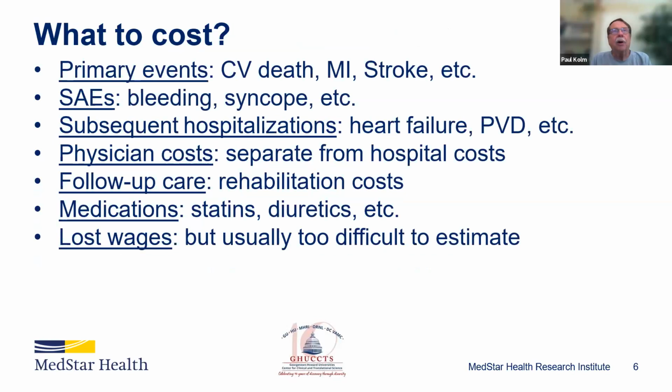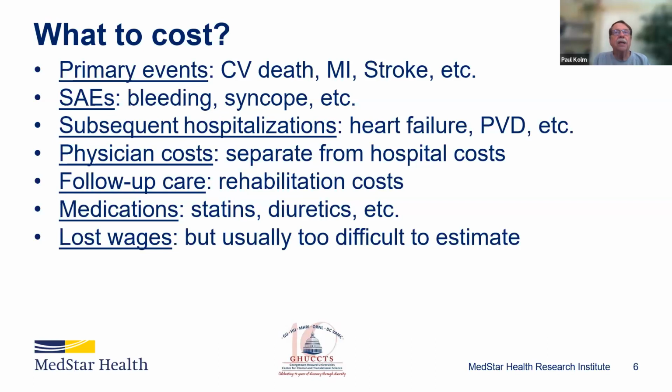So what are we going to cost? Well, obviously we're going to cost the primary events. For example, if we're doing a cardiovascular study, cardiovascular death, myocardial infarction, stroke, heart failure, costing the events. And then another cost might be serious adverse events.